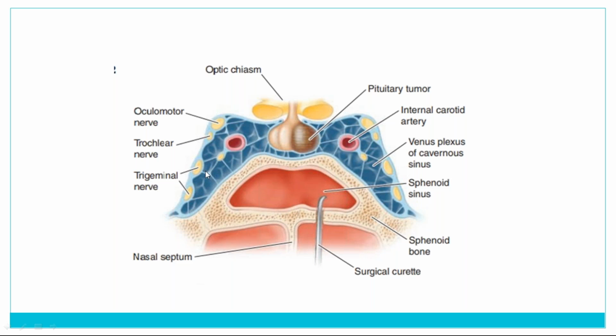What is all this blue color part on either side of the pituitary? This is the cavernous sinus. In the cavernous sinus, what all cranial nerves will be there in the lateral wall? You might have read in ophthalmology, no? What are the relations of the lateral wall of the cavernous sinus? What all will be there?